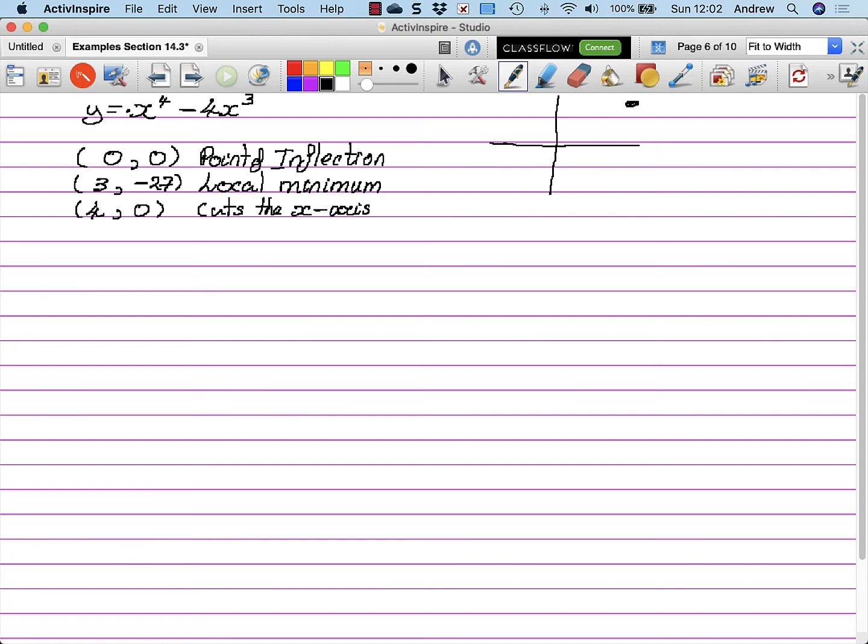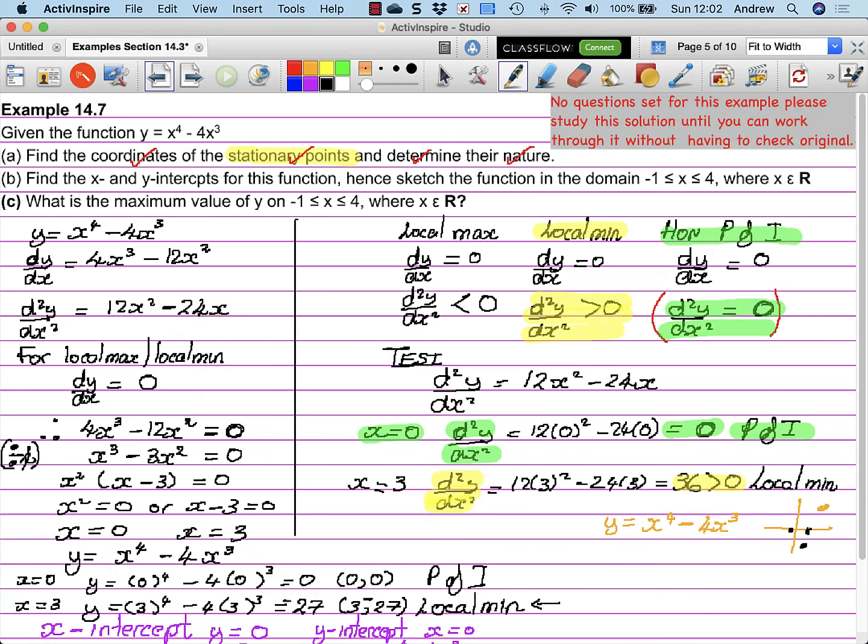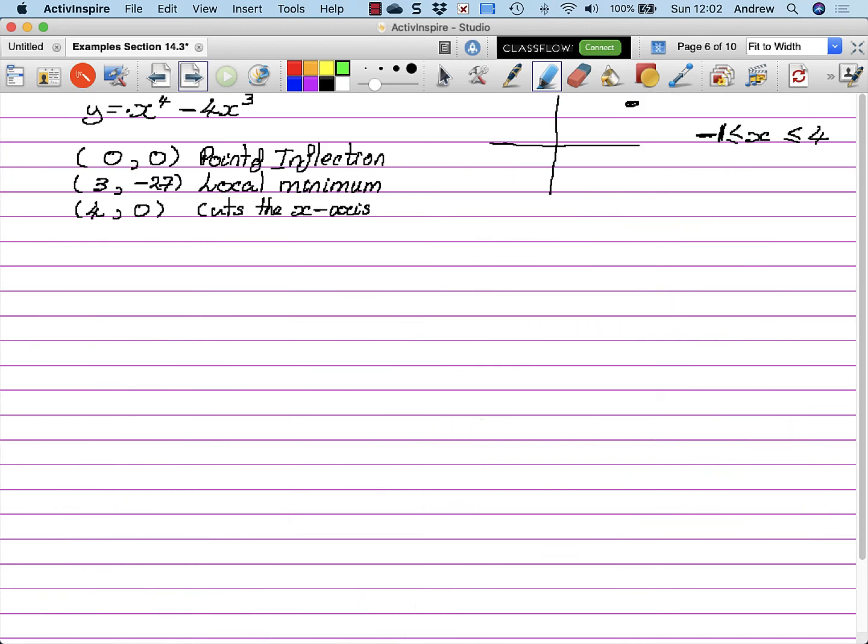Also, the domain of values that we're allowed to use is -1 less than or equal to x less than or equal to 4. So go back and check that. Yes, that's the very last bit. When we come to sketch this function, I didn't highlight that earlier on, we are using that domain of definition, so that's quite important.